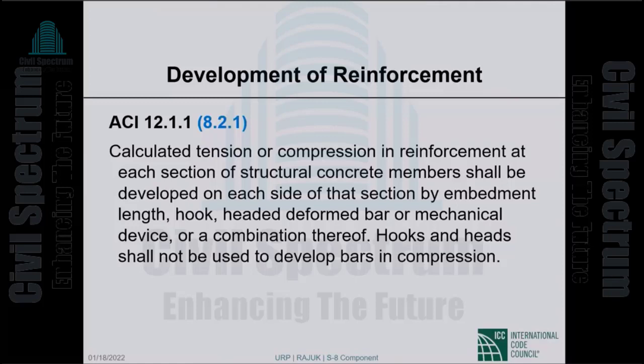Okay, so calculated tension or compression in reinforcement at each section of structural concrete members shall be developed on each side of that section. This is important.